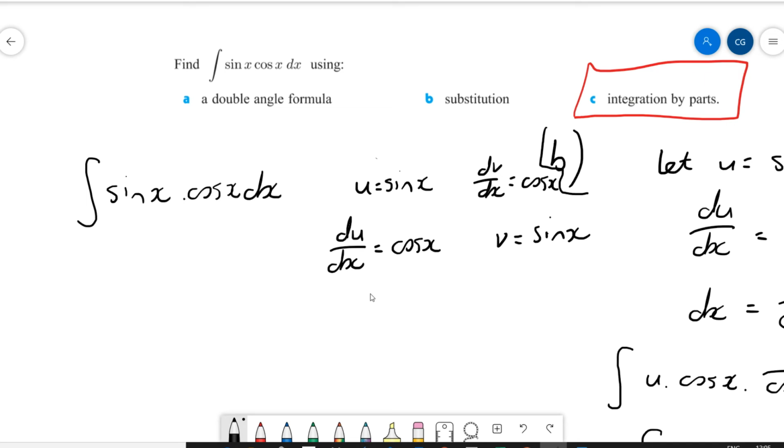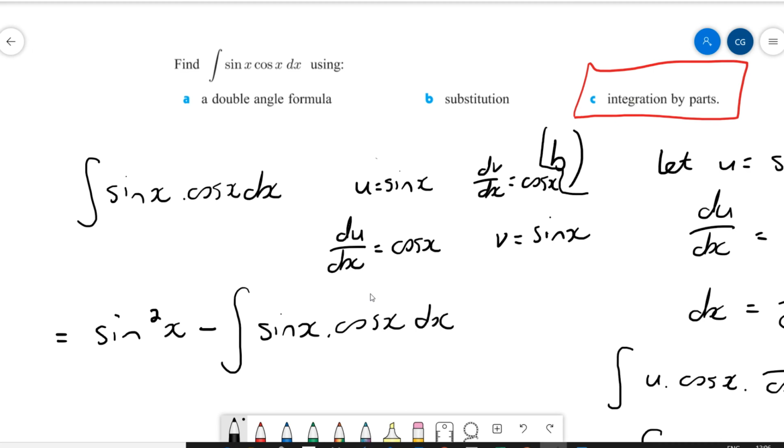Remember, the integral of cos x is sine of x. So let's rewrite our integral. It is going to be u times v, which is going to give me sine squared of x, minus the integral of du dx times v, which is sine of x times cosine of x dx.